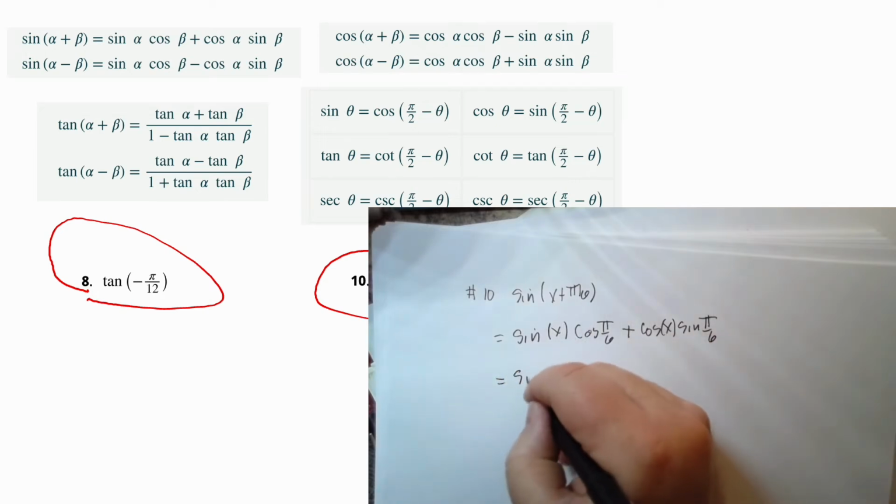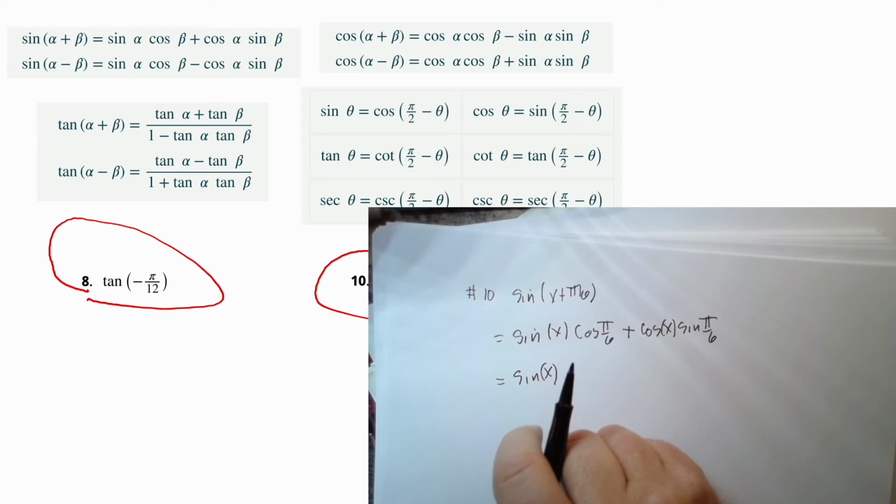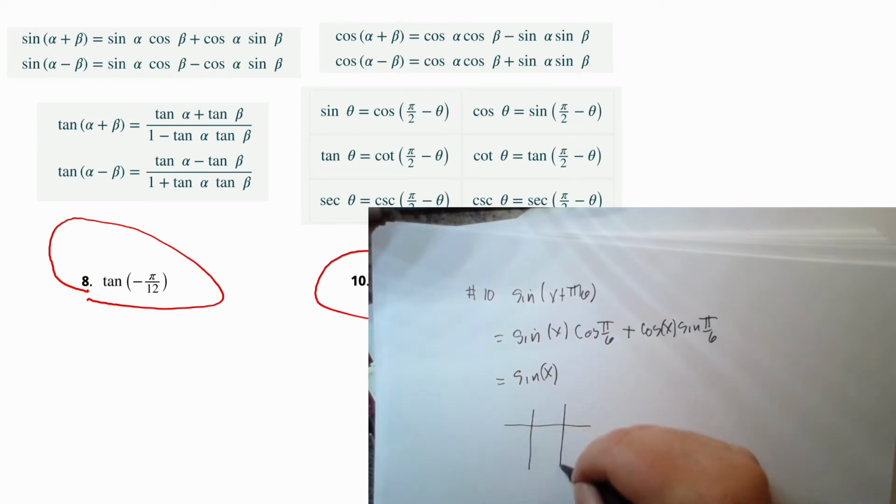So sine x, now the cosine of pi over 6, we can go back and do our little table if we want. If you're never sure and you want to do it by hand, you have 0, pi over 6, pi over 4, pi over 3, pi over 2, sine theta, 0, 1, 2, 3, 4. You do this with a pencil, it works better. Take the square root, divide by 2. The square root of 4 is 2.